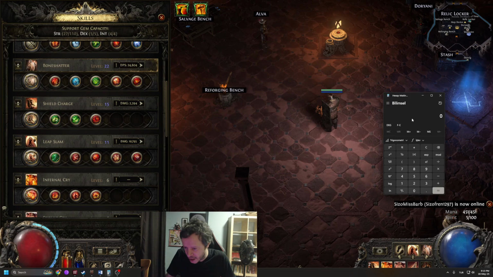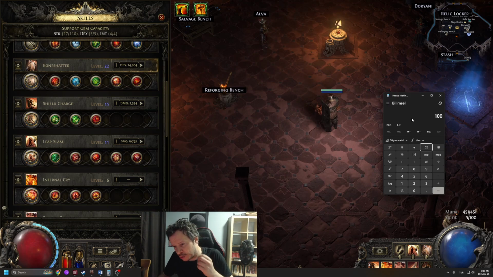Let me whip out the calculator. So for example, guys, I need to go back to increased cooldown reduction in order to demonstrate the difference. So guys, I have a 100-second cooldown for sake of argument, right? I have a 20% cooldown reduction, right? And then I have another 10% cooldown reduction.